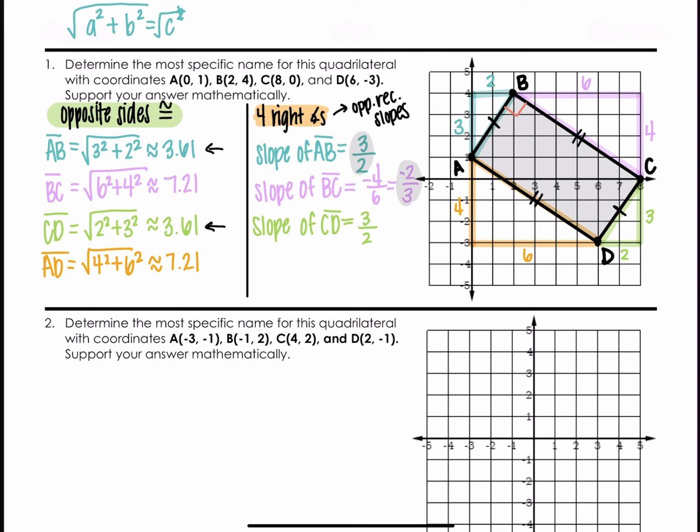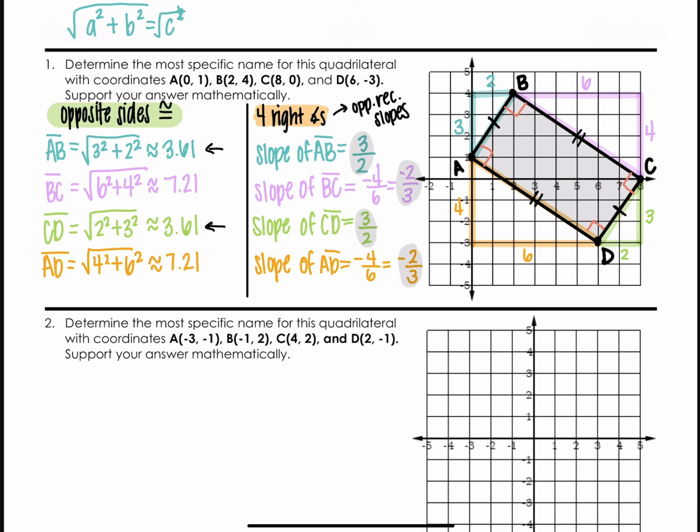And the last one, slope of AD, going down over time, negative 4 over 6, which simplifies to negative 2 over 3. All right, you can see that each consecutive line segment has the opposite reciprocal slope as the line before it, which means there are right angles at every single one of my corners.